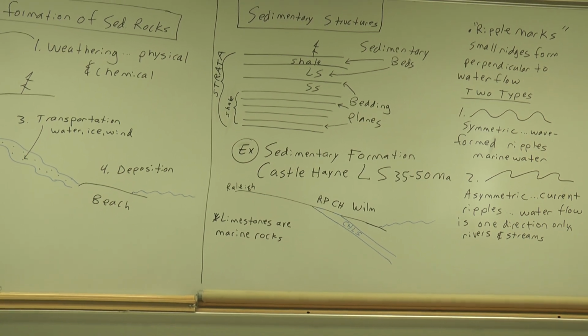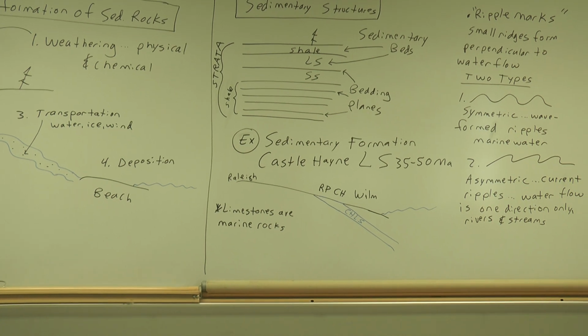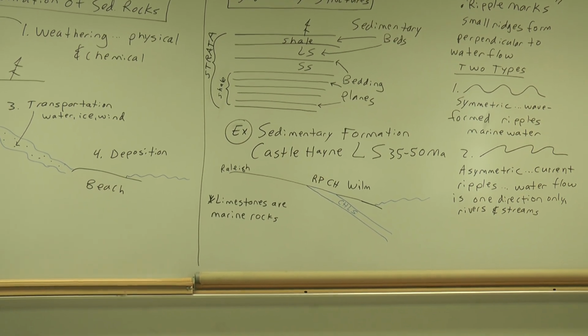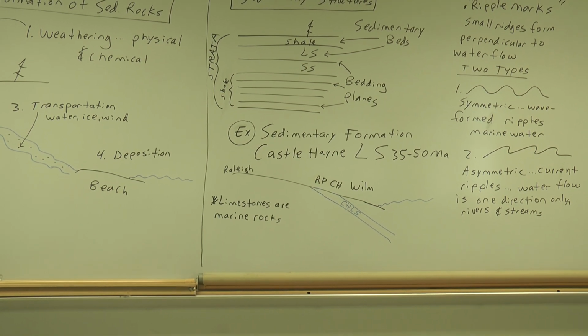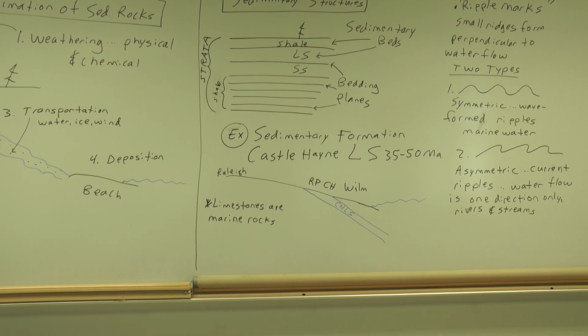All right, so first thing I'm going to point out is that limestones are marine rocks, meaning they form in a saltwater environment. So I want to point to the drawing there where you see in blue, because we always use blue to denote limestones, CHLS, that's the Castle Hayne limestone.